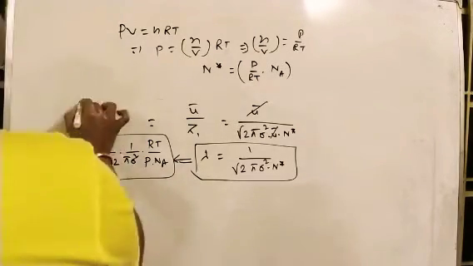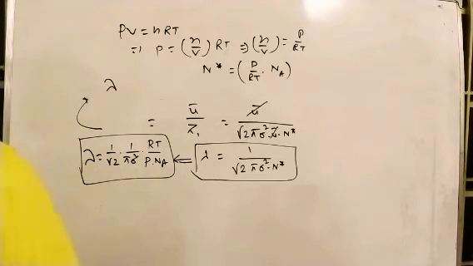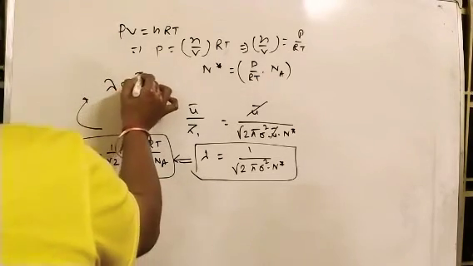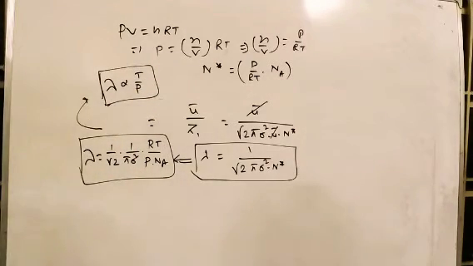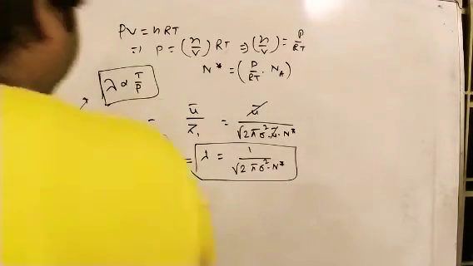Clear? So from here, see the dependence. Very important. So lambda is proportional to temperature and inversely proportional to P. Here comes a very important point as far as physical chemistry is concerned. Now what is that importance? Let me tell you.